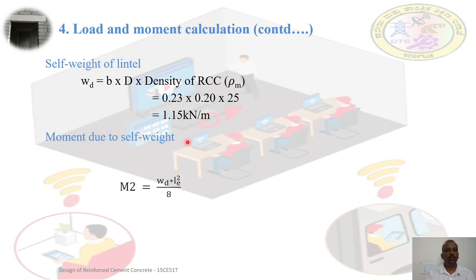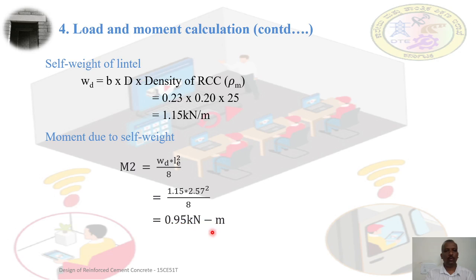Once again, the moment due to self weight, which we refer to as M2, is also UDL, that's W into LE square by 8. If you substitute the values of self weight multiplied by the effective span squared, divided by 8, we are getting M2 equal to 0.95 kilonewton meter.